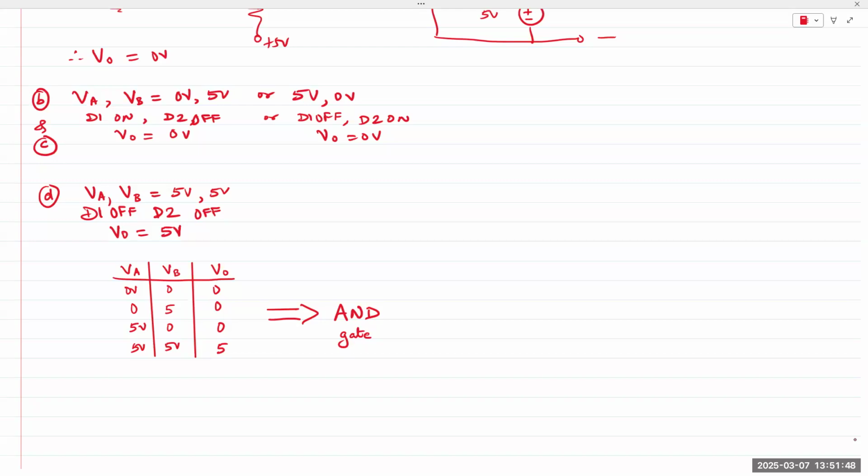V equals IR, so I is V divided by R. If R is 0, what is current? Infinite. If R is 0, current will always be infinite. So resistors are a way to limit the current, to provide an actual value to the current. Without a resistor or any resistance, current flowing through that wire would be infinite, theoretically.